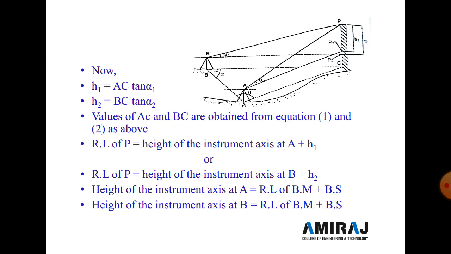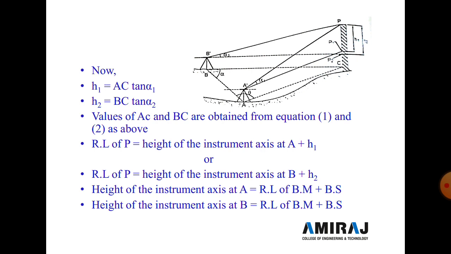So now H1 is AC tan alpha 1, and H2 is BC tan alpha 2, and this one is H2. We have already discussed how to find H1 and H2. Simply apply the triangulation rule, like tan alpha 1 and tan alpha 2.